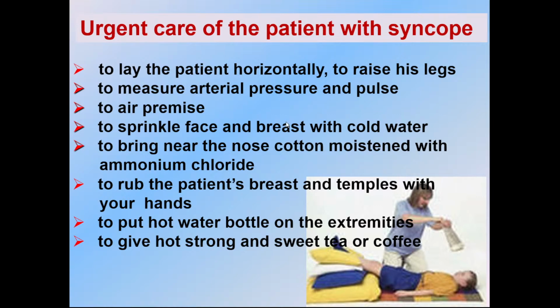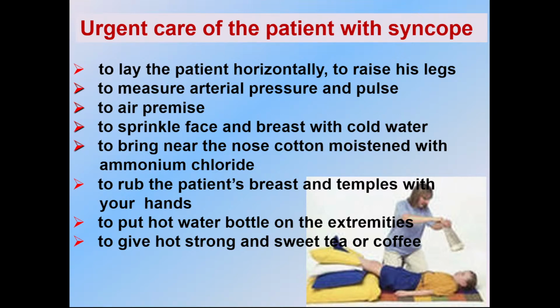We can sprinkle the face and chest with cold water. If we have ammonia, we can bring cotton moistened with ammonia near the patient's nose, but we must remember that this solution can cause burning of the mucosa, so the cotton must be held about 10 centimeters from the patient's nose.